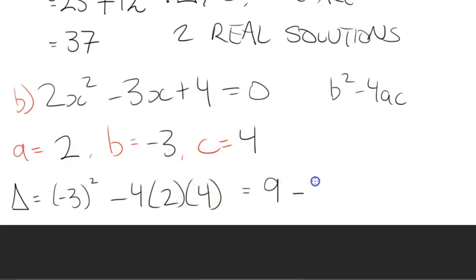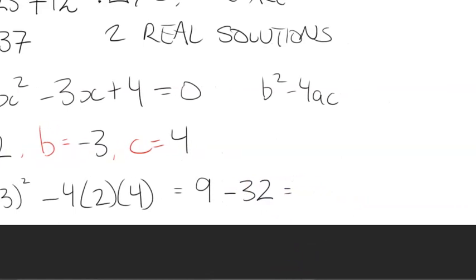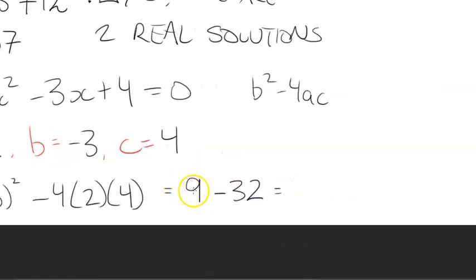So this is 9 minus 32, and this will give me a negative answer because we've got a smaller number taking away a greater number. So 9 take away 32 gives me negative 23.